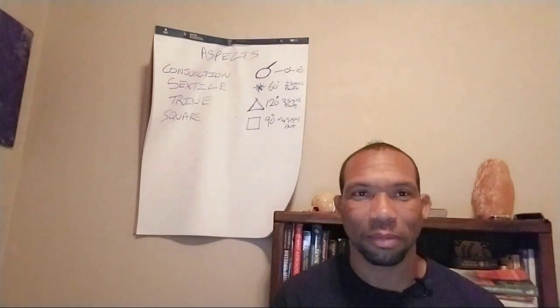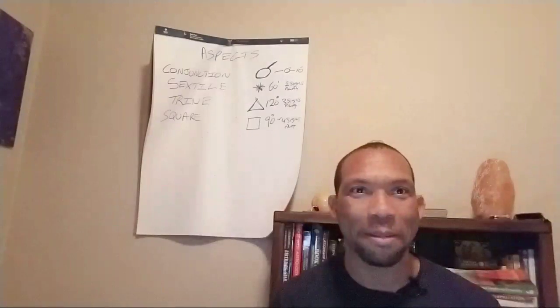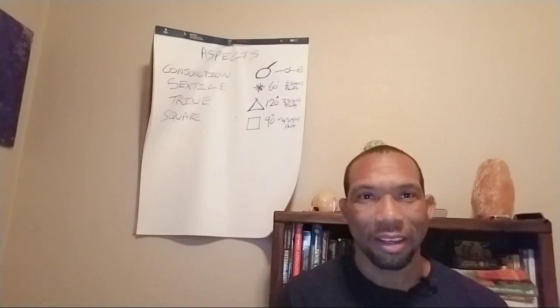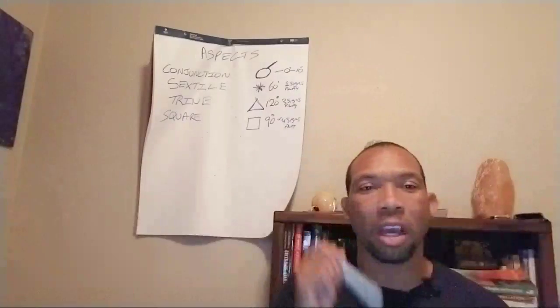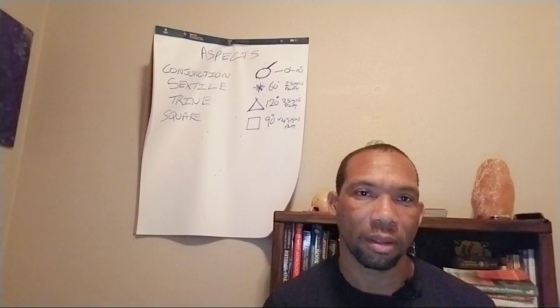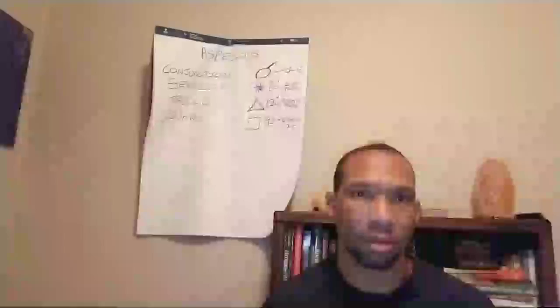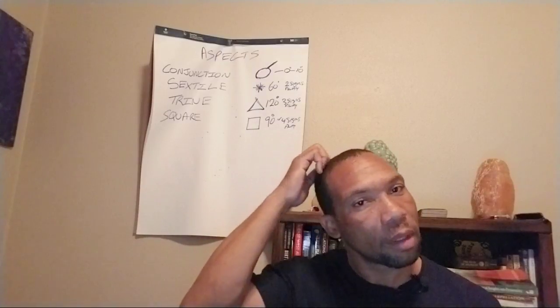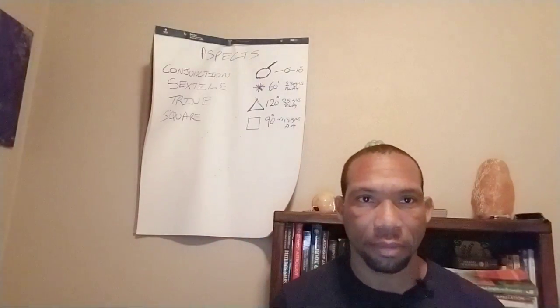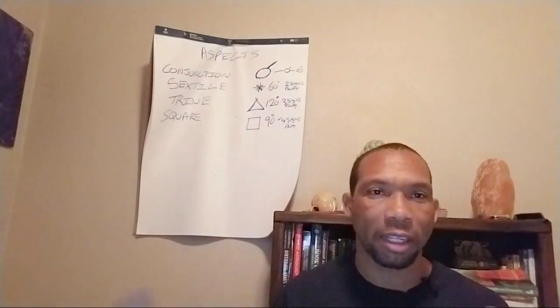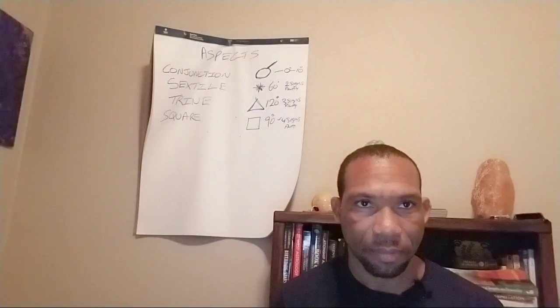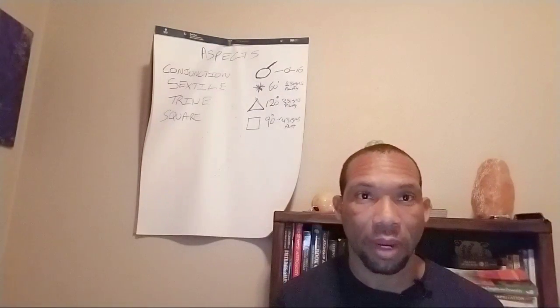All right. It adjusts to wherever I am. That's cool. So remember, squares are conflicts or obstacles that you have to go over. And this is 90 degrees within each other or 4 signs away from each other. Good? All right.